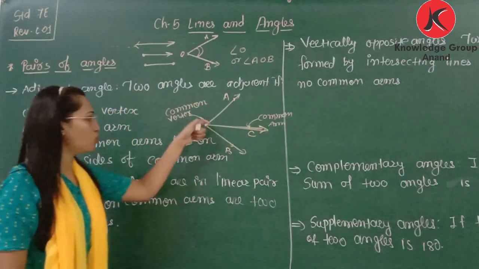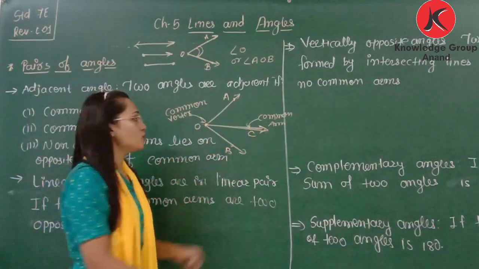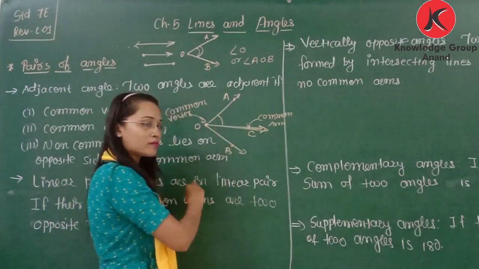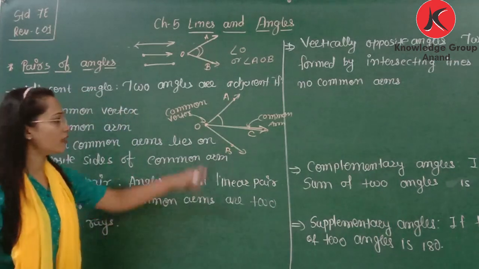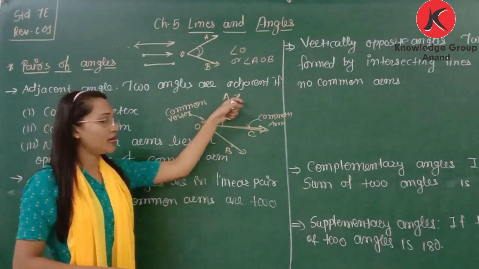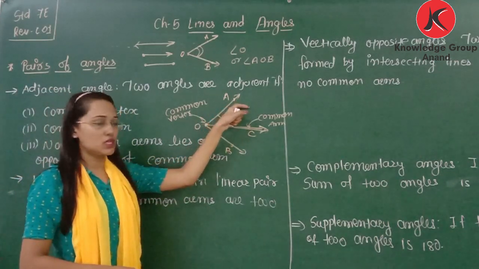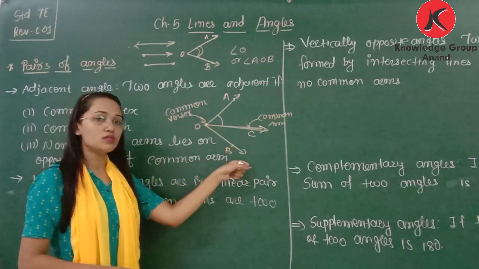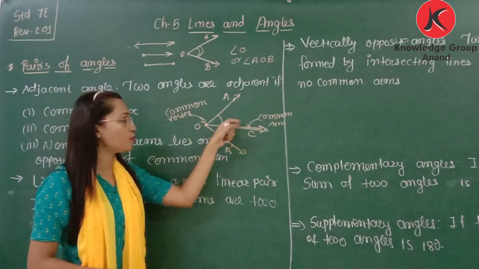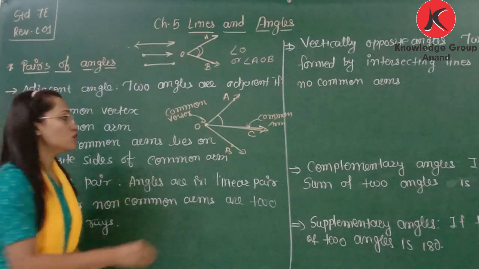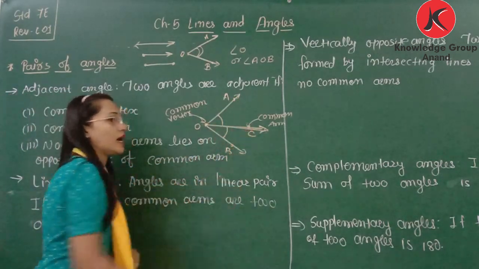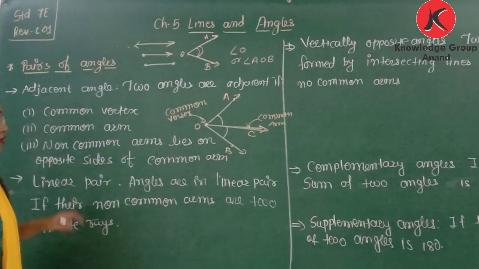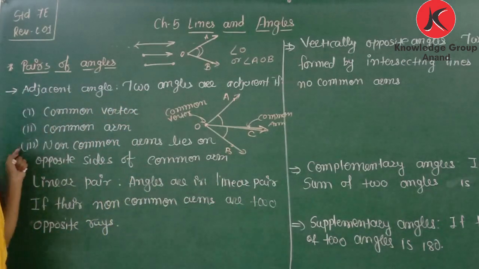In both angles, OC is the common arm. The non-common arms OA and OB are on opposite sides of the common arm. OA is on the upside of OC and OB is on the downside of OC. So these two angles AOC and BOC are adjacent angles. Okay, this is the definition of adjacent angles.